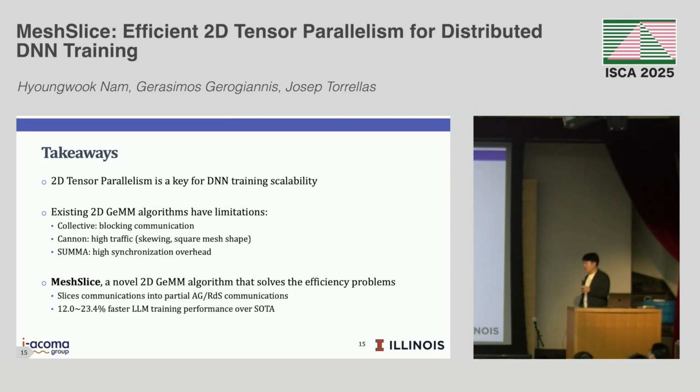So we proposed MeshSlice, a new 2D GEMM algorithm that solves the inefficiency problems in modern accelerator clusters. It slices the communications into partial AG and RS communications, which are hardware efficient. As a result, we achieve faster LLM training time compared to baseline distributed GEMM algorithms. We're only changing the GEMM algorithm.